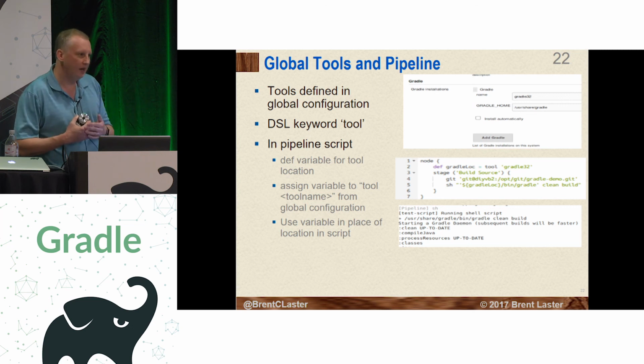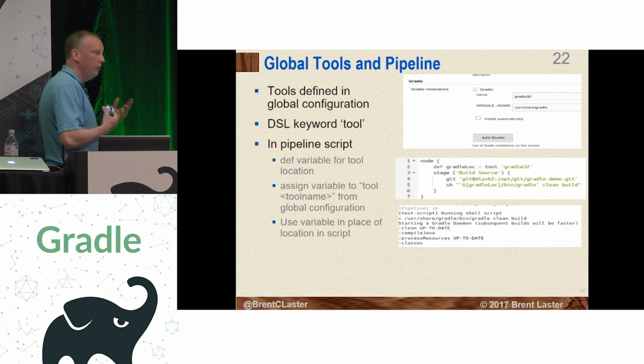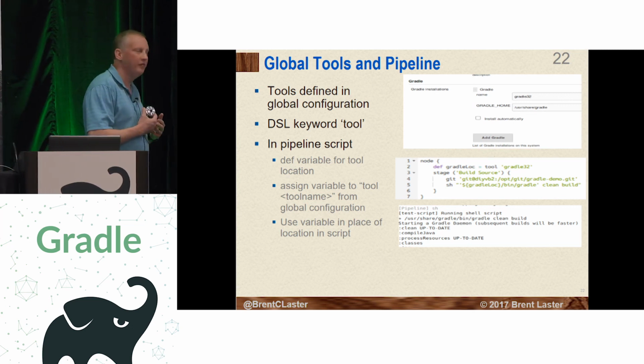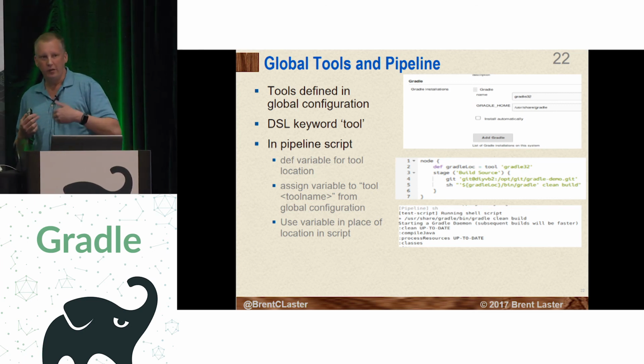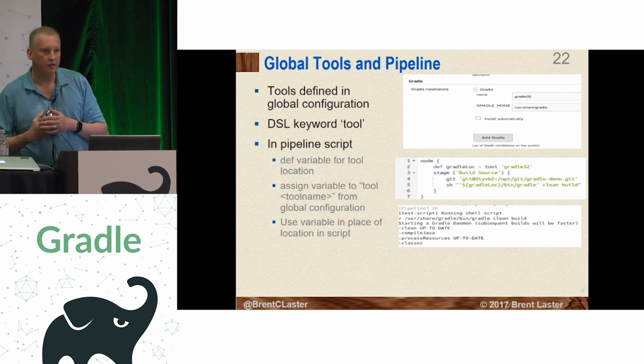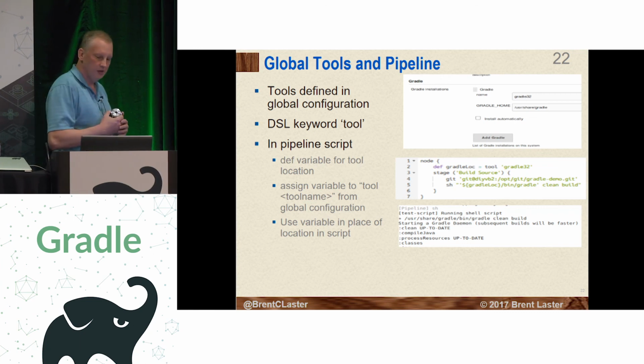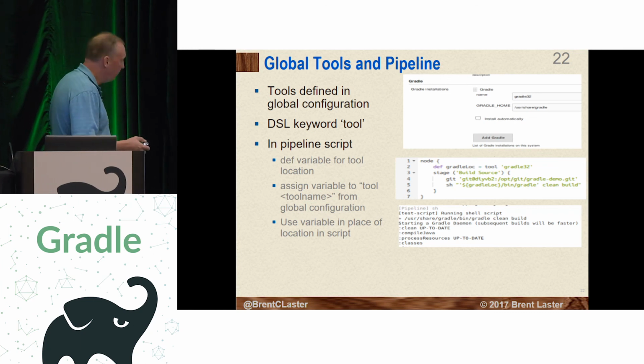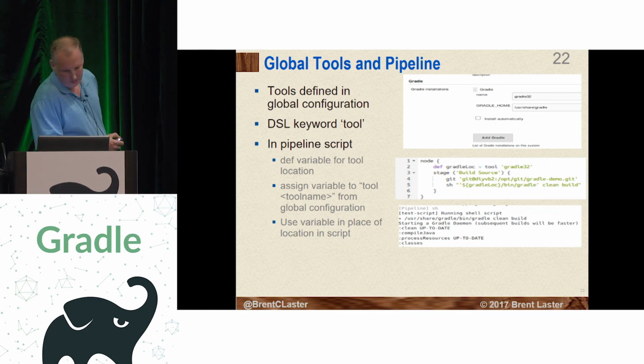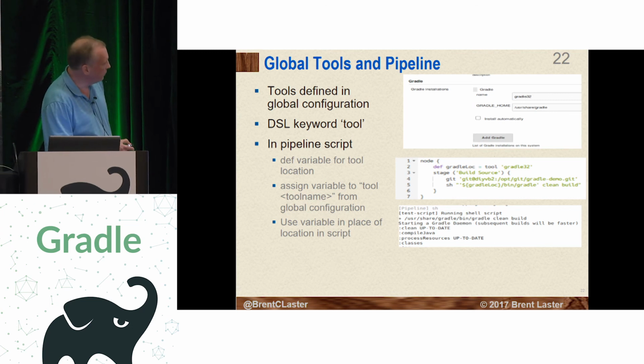For example, if we had a Git instance out there or a Gradle instance, let's use Gradle since we're working with that, we would want to reference the Gradle that we had told Jenkins was installed out on the install path. So we set up, for example, our Gradle instance here that has Gradle defined as Gradle 3.2 for a name, and Gradle home values put in there. This is in the global configuration.